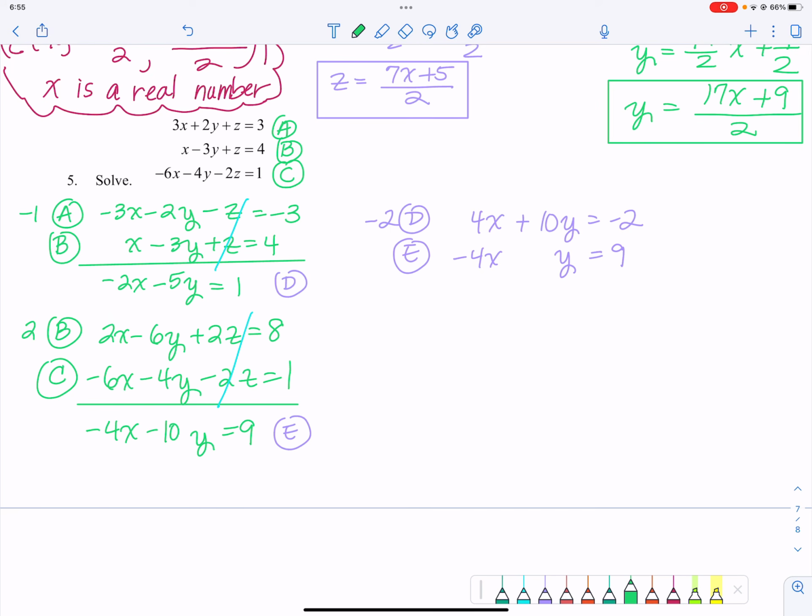Okay, so now when we add these together, we've eliminated x and y, and we have 0 equals 7, and this is false.